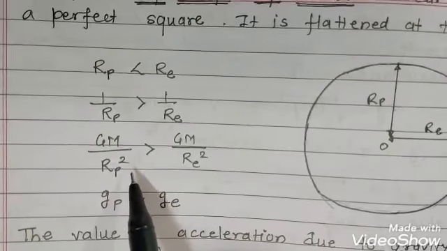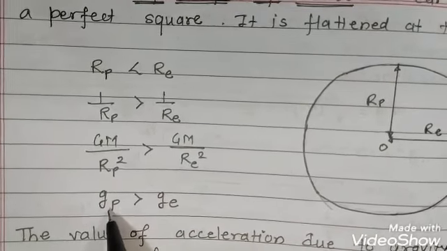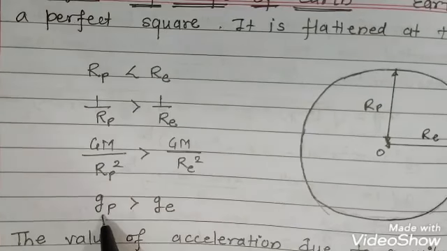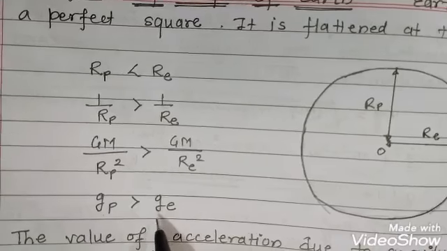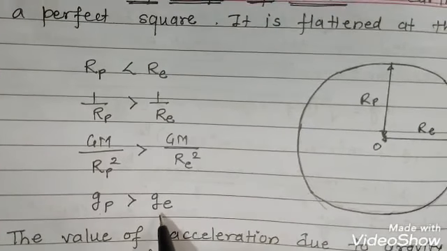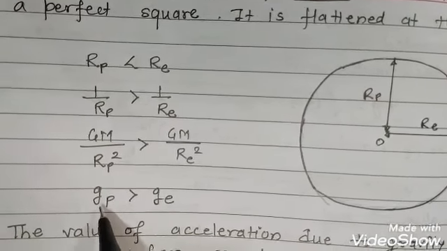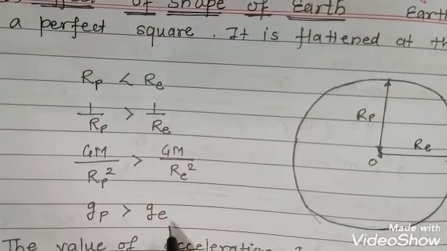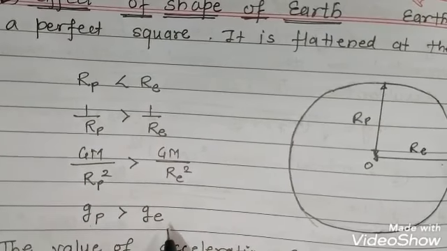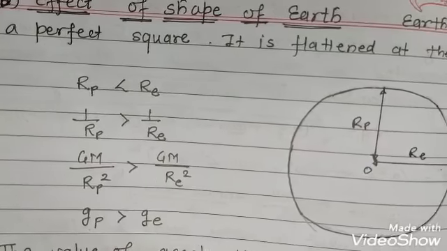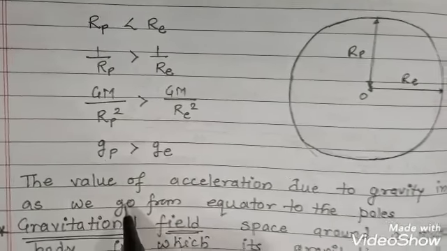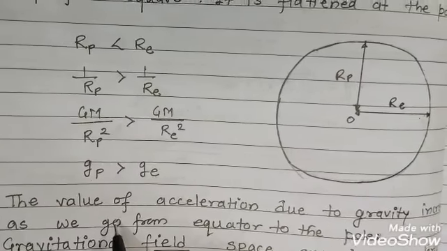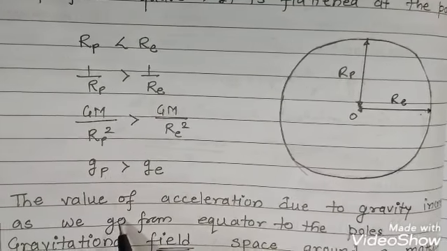GM upon Rp square is gp, that is acceleration due to gravity at pole, and GM upon Re square is ge, that is acceleration due to gravity at equator. So acceleration due to gravity at pole will be greater than the acceleration due to gravity at equator. So the value of acceleration due to gravity increases as we go from equator to the pole, because of the effect of shape of earth.